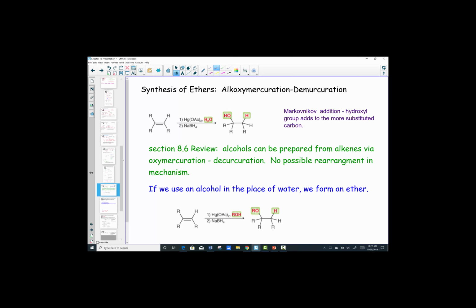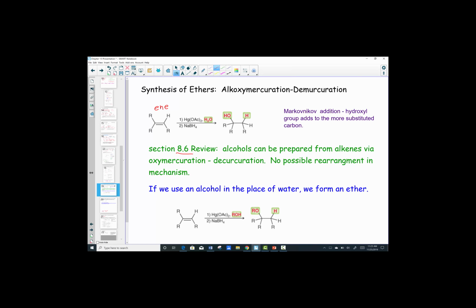To produce a synthesis of an ether, using an alkoxymercuration-demercuration would prevent any type of rearrangement from occurring. Let's review something from our past. From section 8.6, we had seen this mechanism, alkoxymercuration-demercuration, when we were in the alkene chapter, which was chapter 8.